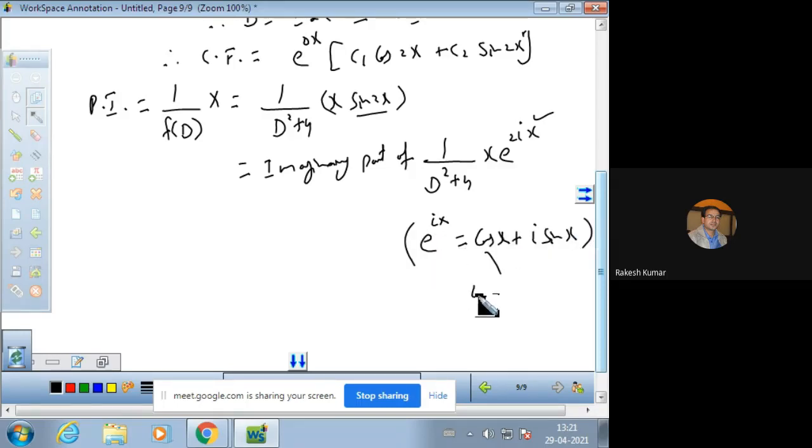This is actually Euler identity, and this identity has been used here for writing the trigonometric term sine in terms of exponential. So we have used the exponential term here.